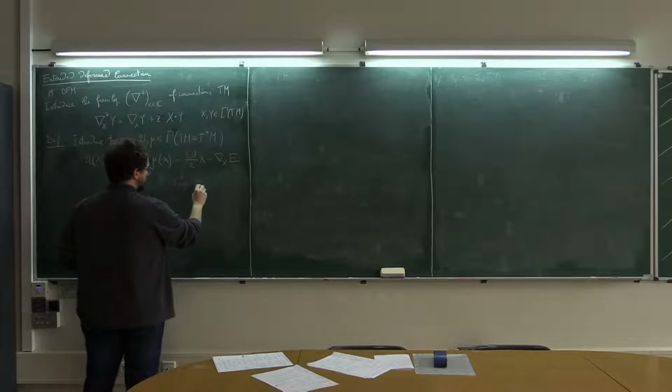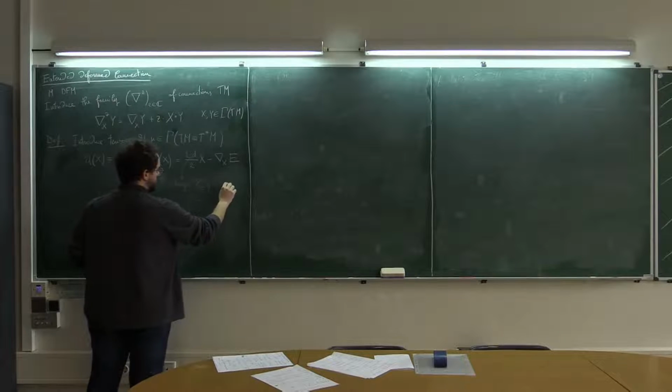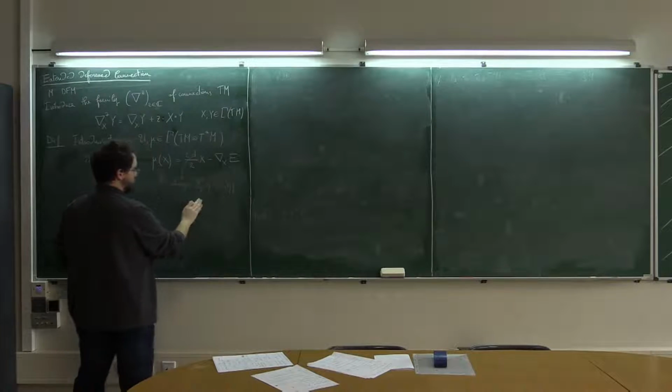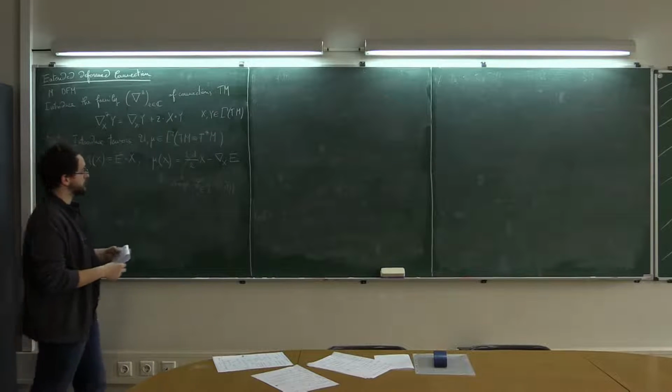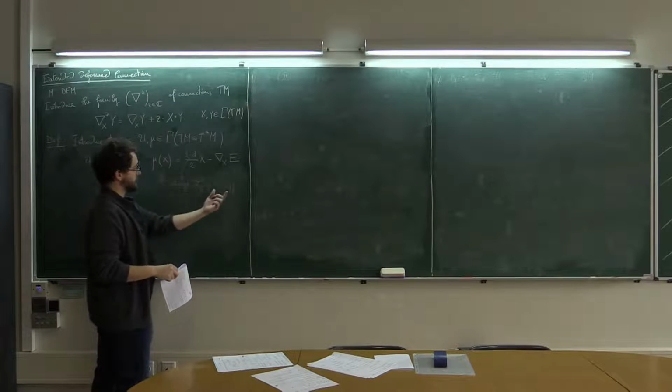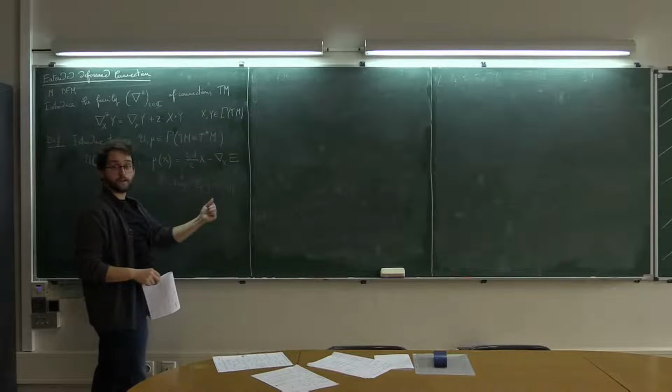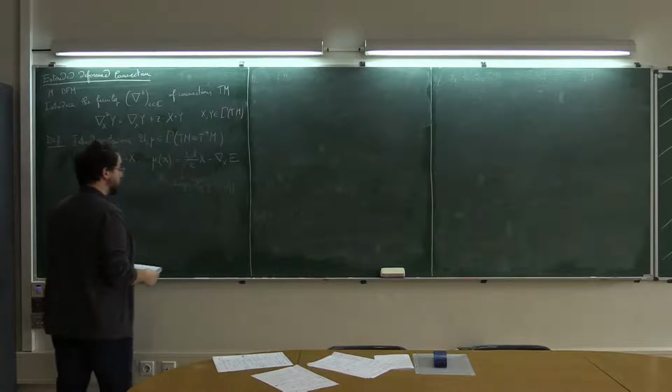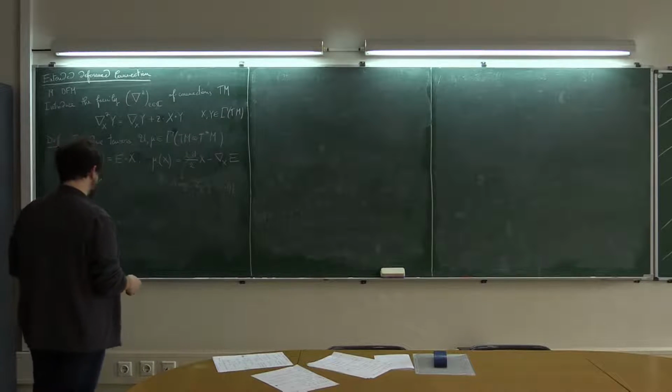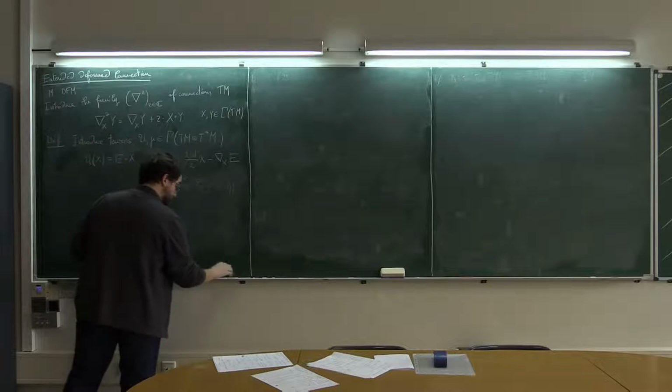Recall that we have a conformal Killing condition on the Euler vector field. d is the charge, and 2 minus d is exactly the coefficient of the conformal Killing condition.